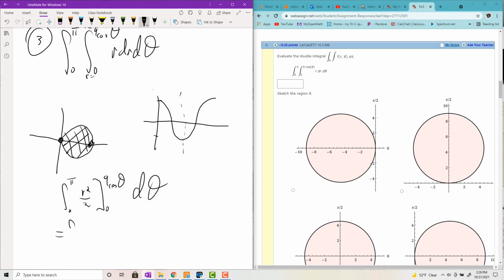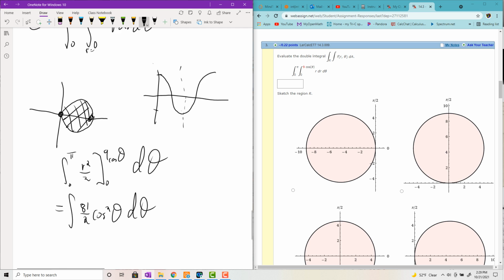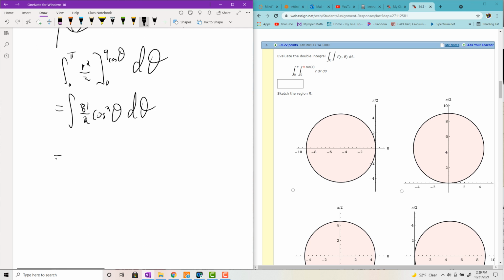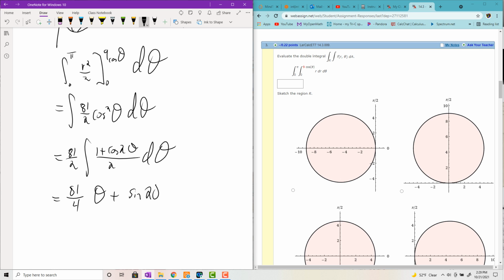So I'll have the integral of 81 halves cosine squared theta minus 0 d theta. You're going to do a power reduction formula. So 81 halves integral of 1 plus cosine 2 theta all over 2 d theta. Pull out the 1/2, 81 fourths. Integrate that: theta plus sine of 2 theta over 2, from 0 to pi.